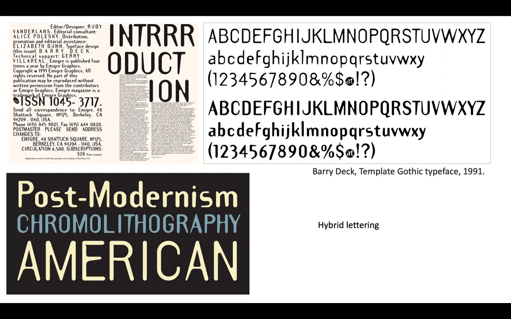It's probably a reference to Franklin Gothic as well. This is actually a very reworked version of typefaces such as Akzidenz Grotesk and Franklin Gothic. But nevertheless, the word Gothic is perhaps important.